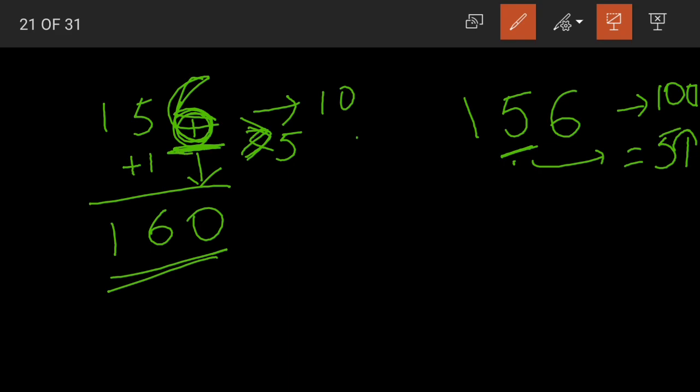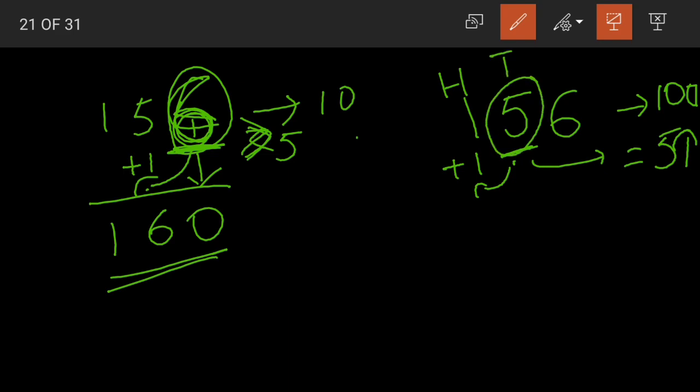If you observe here, we looked at this number and added 1 to the digit which is to its left. In the same way, we add 1 to the digit on its left, which is the digit in the hundreds place. Consider the digit in the tens place, and if it is equal to or greater than 5, then add 1 to the digit in the hundreds place.